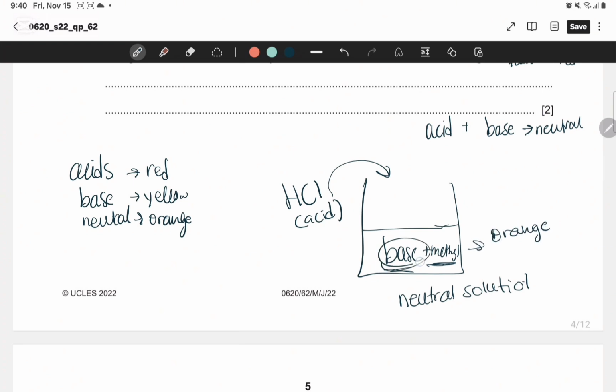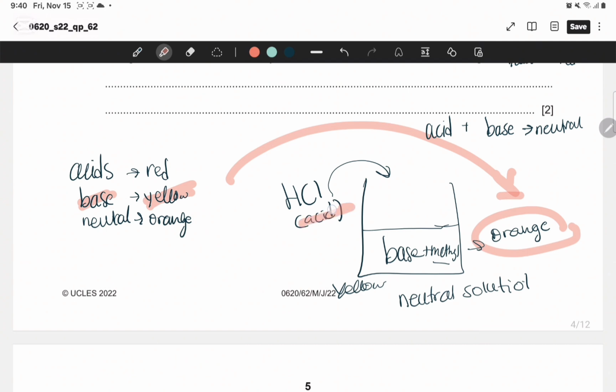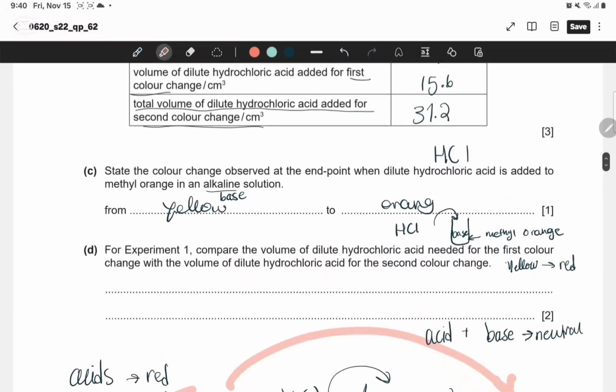So it was base, so yellow, because methyl orange was in a base before we added the HCl. Then it turned to orange. Why? Because we added acid and base, and then we got a neutral solution, and in neutral solutions methyl orange is orange. So it went from yellow to orange.